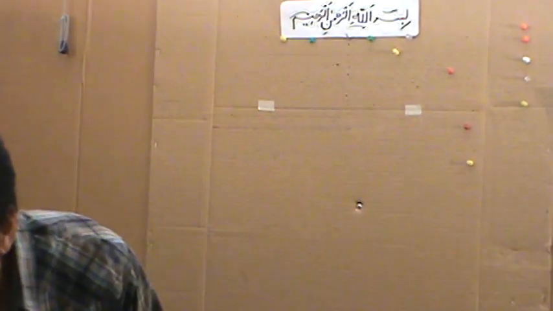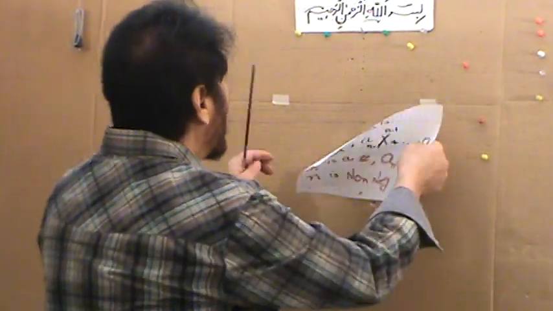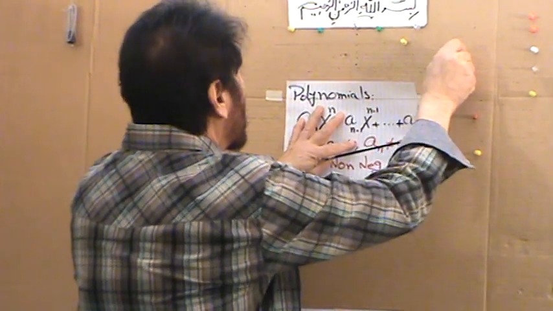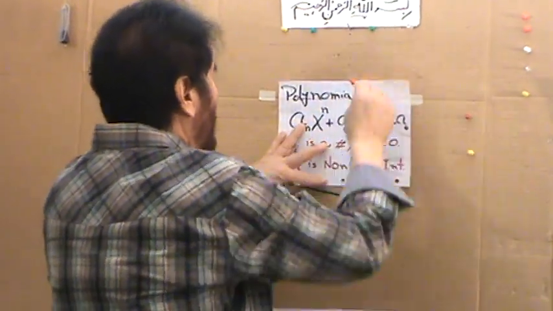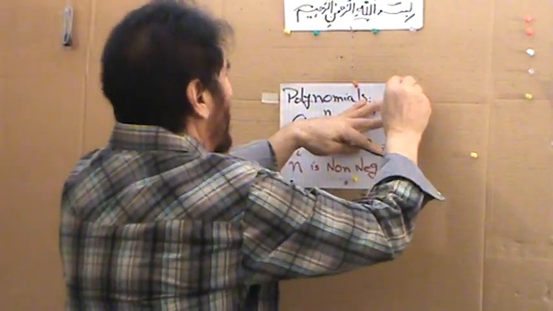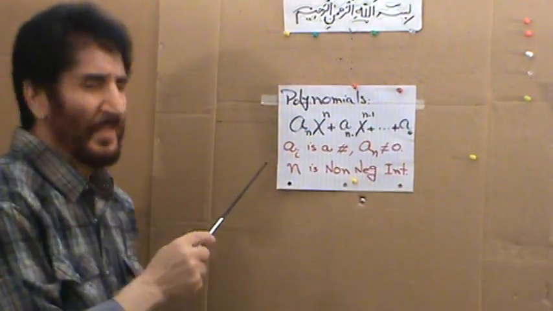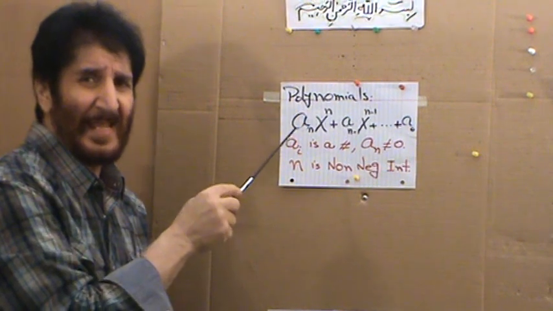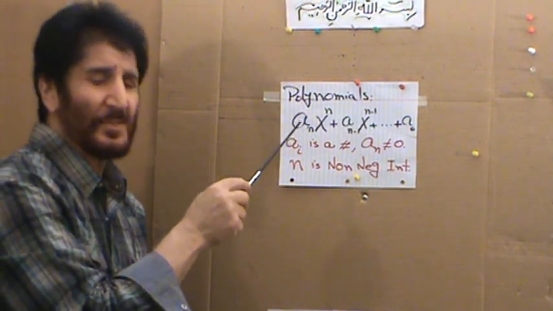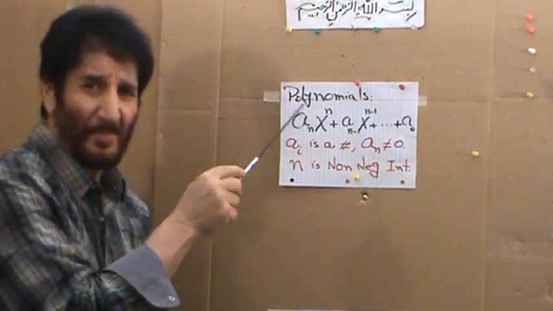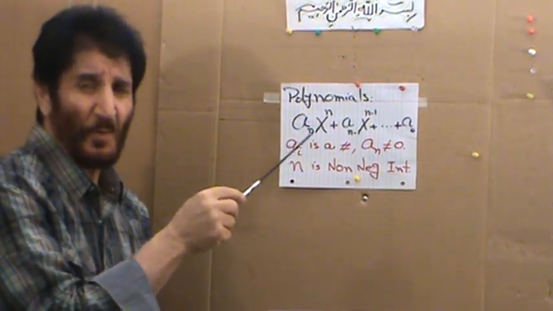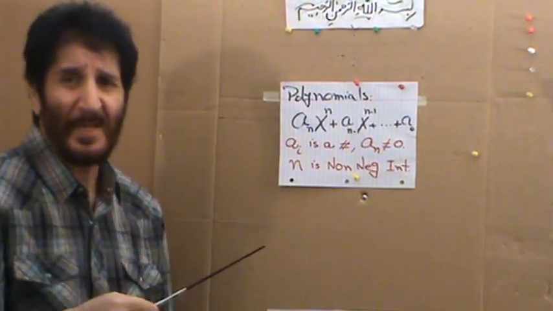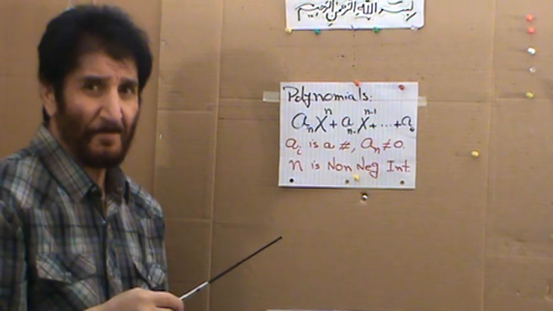Polynomials are algebraic expressions in the form of a_n x^n plus a_(n-1) x^(n-1), and so on and so forth, until the last term, which is going to be a constant.